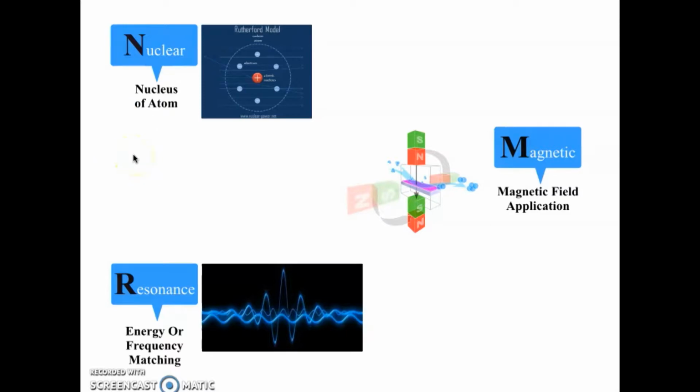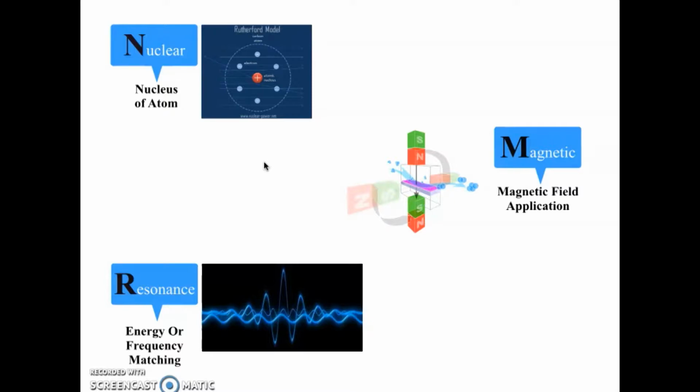There are three words: nuclear, magnetic and resonance. Nuclear refers to the nucleus of an atom. You can see the red center; this is the Rutherford model. And the word magnetic refers to a magnetic field which is applied externally during the experiment.